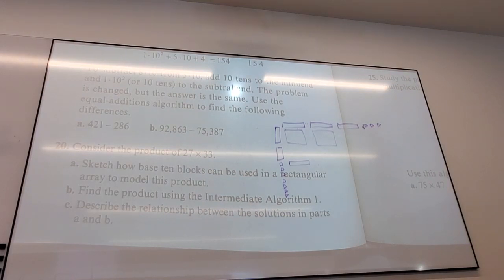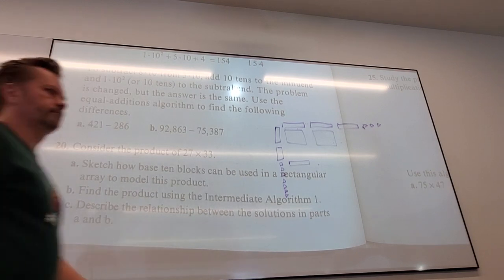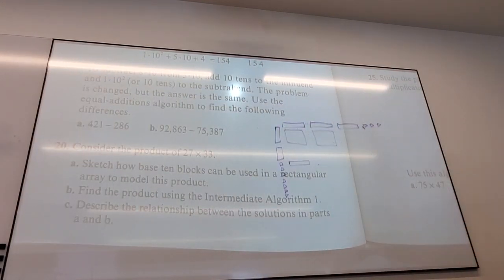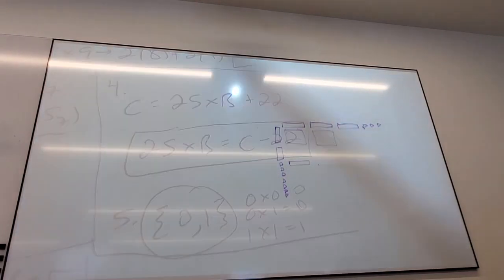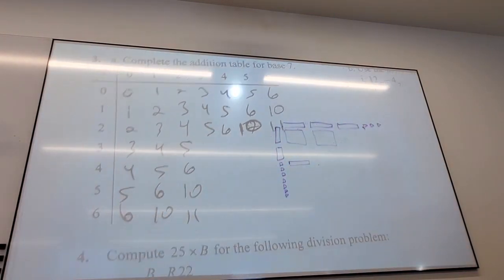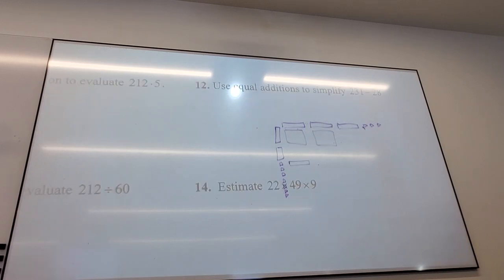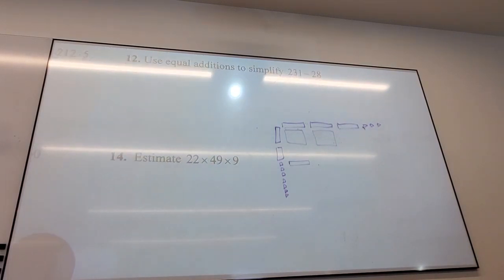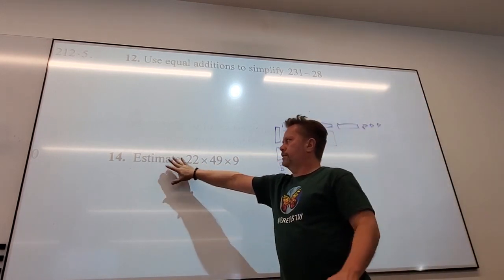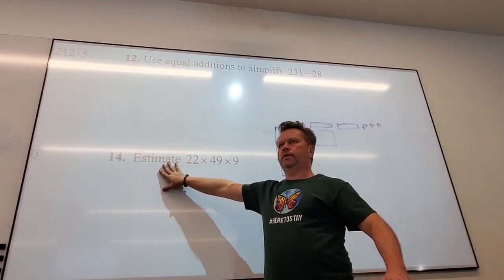You know number 14, that's the estimate one? Is that when we changed the numbers again? Yeah, so that one, I don't tell you to estimate any certain way, do I?